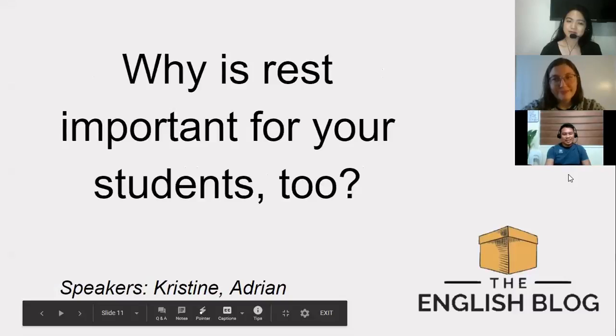Yep, absolutely. Why is rest important for your students too? So, rest is super important for your students. It has a host of benefits. There's the obvious physical and mental health benefits. For the physical, it restores people's energy, it fights illness, it strengthens people's immune systems.